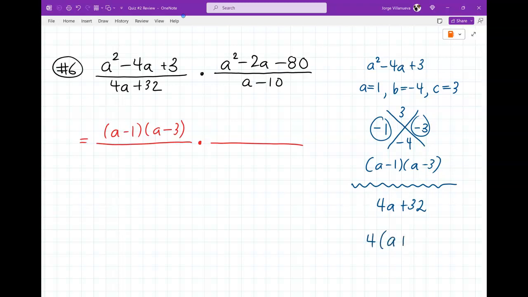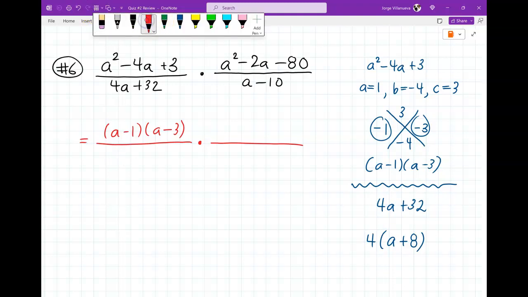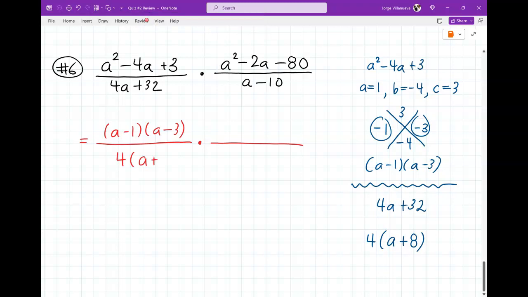This will be a plus 8. Trying to think here. Did I mess up on something? Give me a second. Let me check.